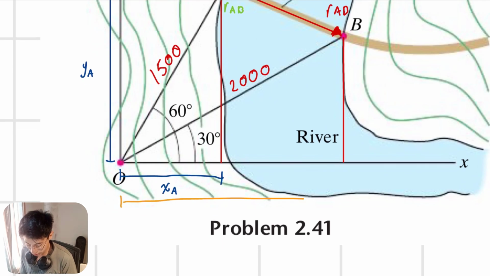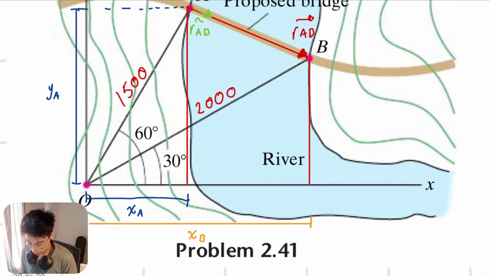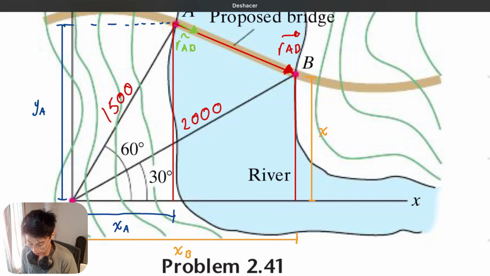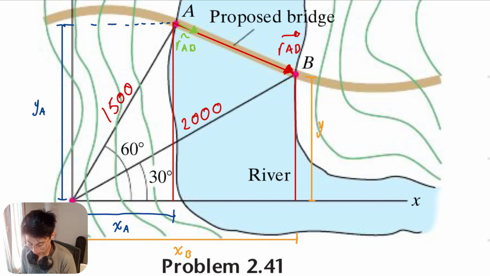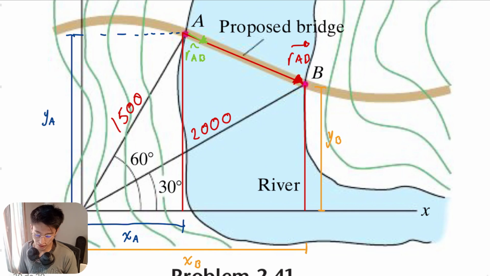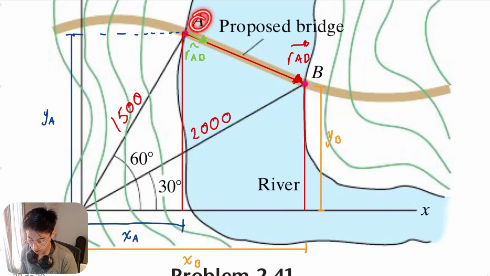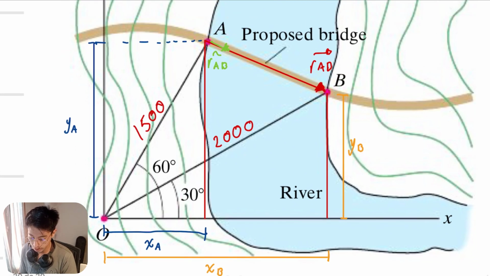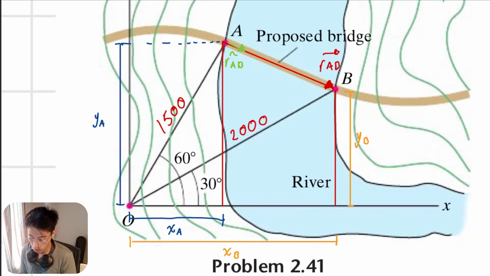We can determine this other, which I'm going to call XB, and this other is equal to YB. I think it makes sense because I'm talking about points A and B, so every single component is going to be sub B in the case of B, and the same thing goes for A.